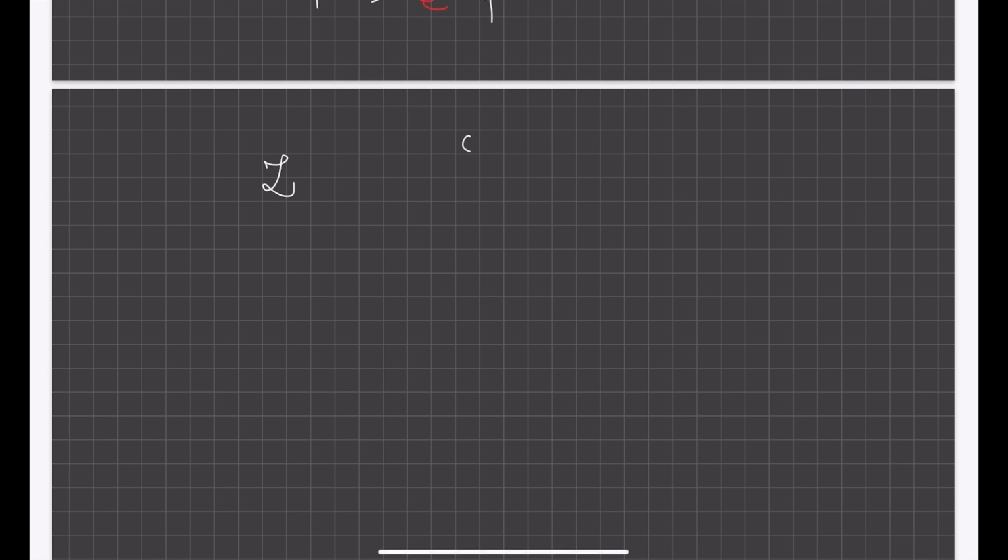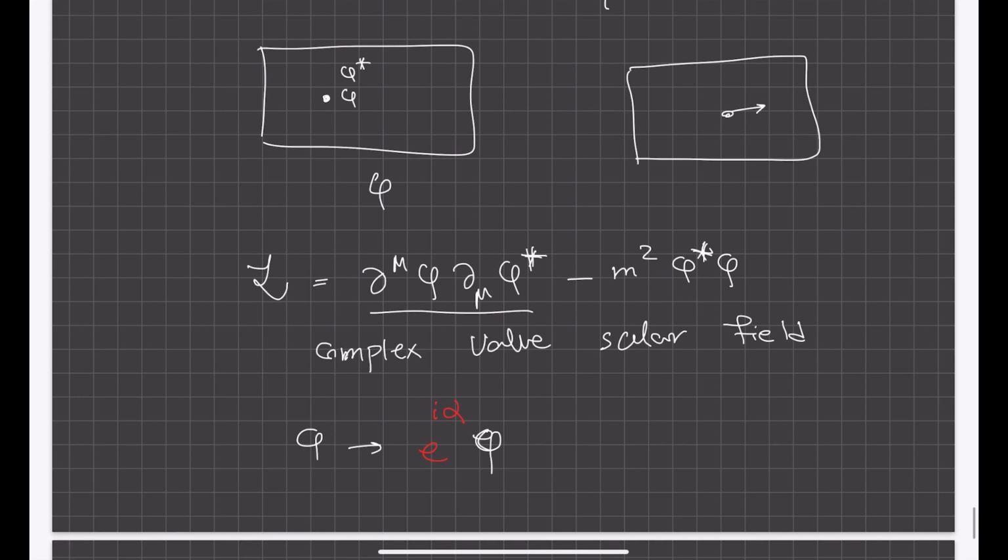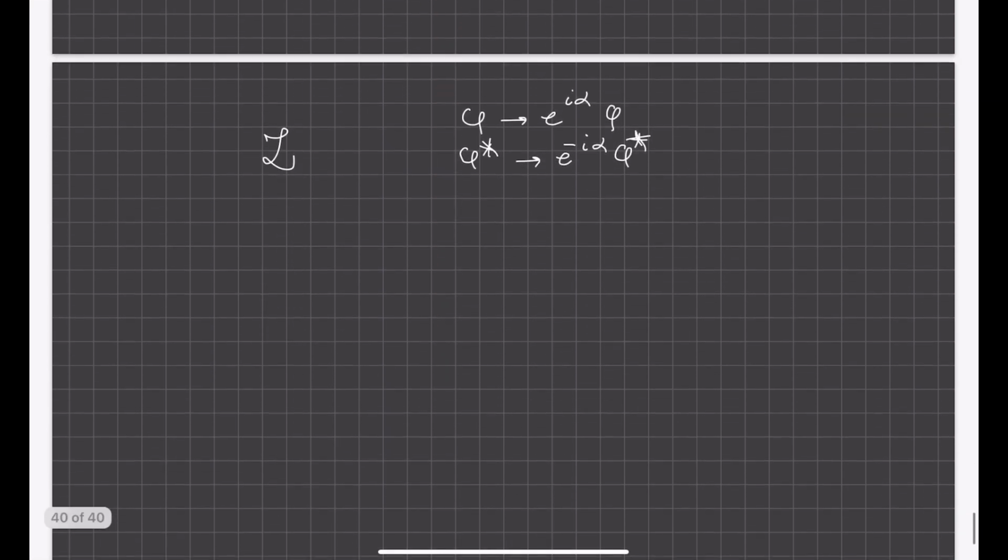So phi goes to, imagine, e to the i alpha times phi, then my phi star is going to go like e to the minus i alpha times phi star. So the two transformations somehow cancel out in the Lagrangian. Neither of these terms is sensitive to this transformation, so the whole Lagrangian is invariant under this sort of transformation.